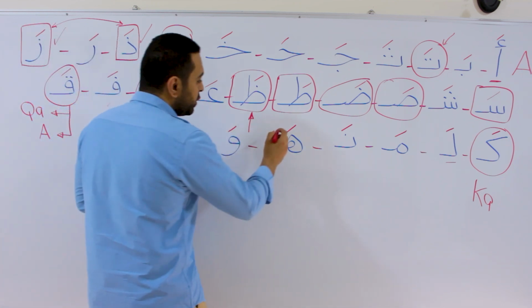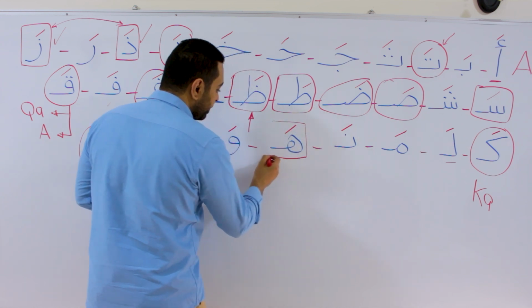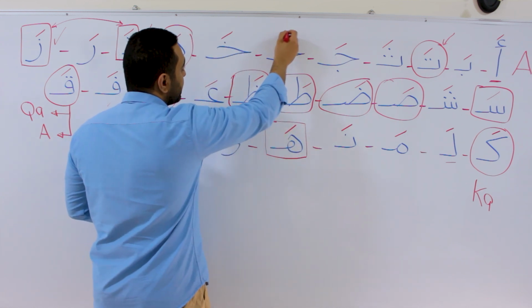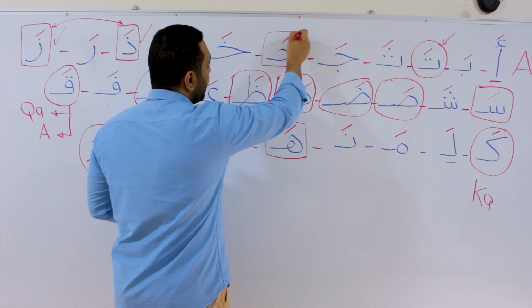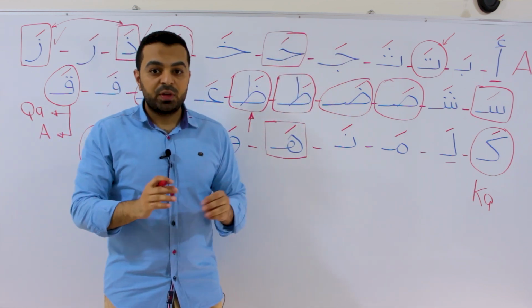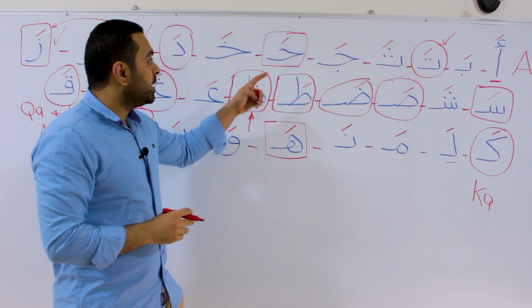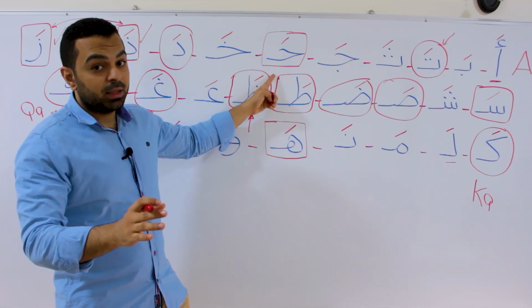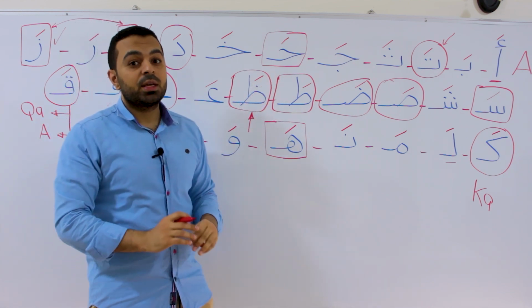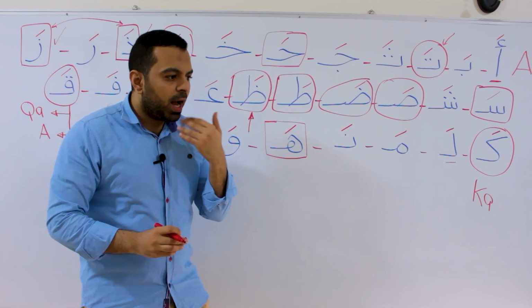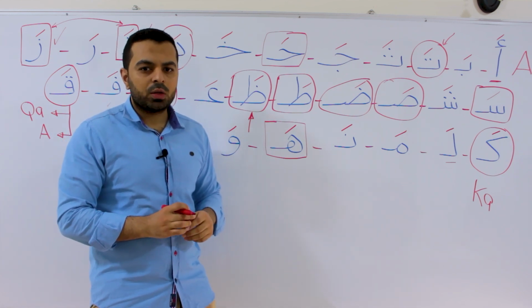And you need to differentiate between this and this. We said in previous lessons that this one is a spicy letter. Imagine that you eat something spicy and you say, oh my God, it's very hot, okay?